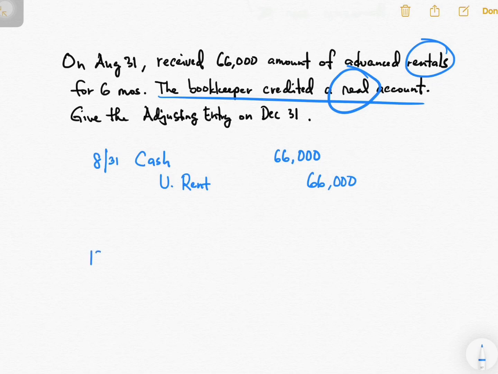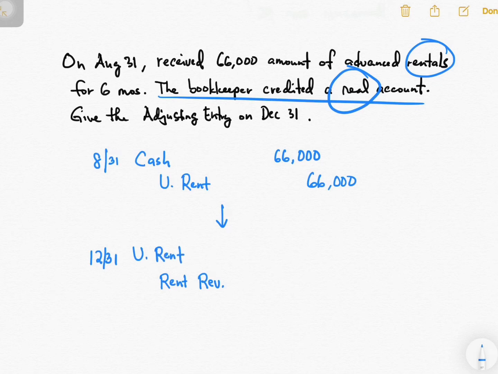So now let's prepare the adjusting entry on December 31. What's the problem with the initial entry? You don't have the revenue yet, right? Where's my revenue for this rent? So you will know right away that here you will credit rent revenue. And since you are getting revenue, you get to decrease your unearned rent.